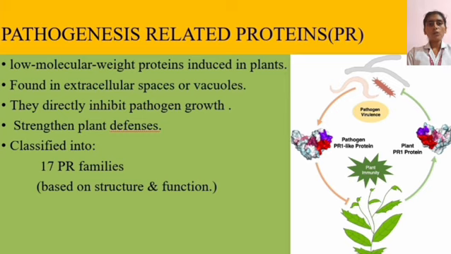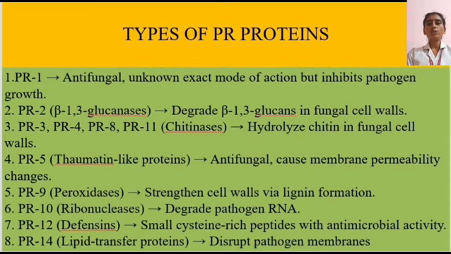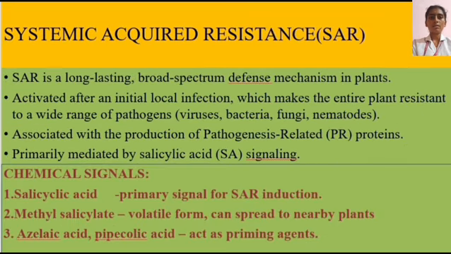Some also act as signaling molecules to trigger systemic acquired resistance. PR proteins are classified into several types based on their functions, such as breaking pathogen cell walls, blocking its enzymes, or signaling defense.